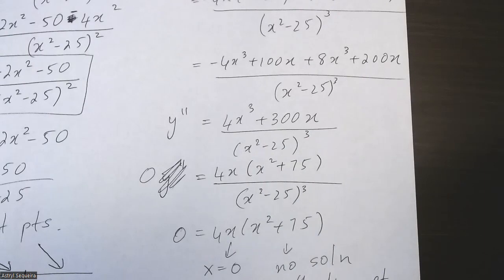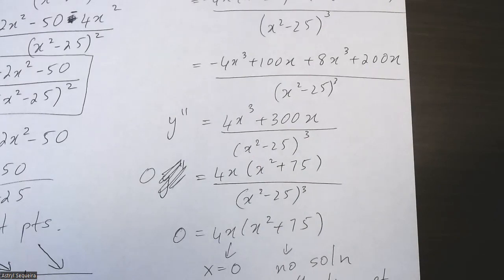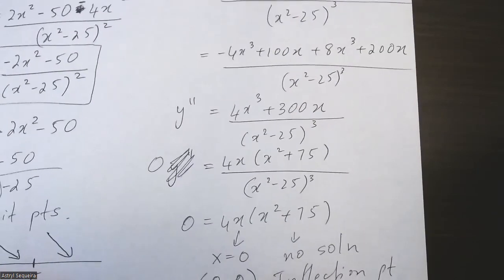So I'll start by subbing in negative 6. This one's a bit of a bigger formula, so it might take some time. Negative 6 squared minus 25 to the power of 3. And I get a negative answer here, so this is concave down.